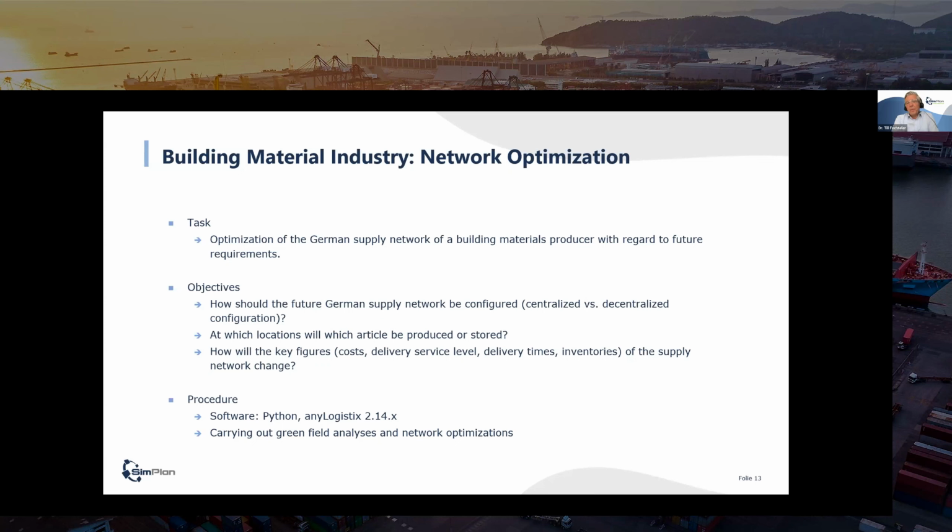The objectives were the question how the future German supply network should be configured, a centralized version versus a decentralized version. At which locations should which article be produced or stored, and what happens with the key figures, costs, delivery service level, delivery times, if the network is changing according to what we did in the network optimization.